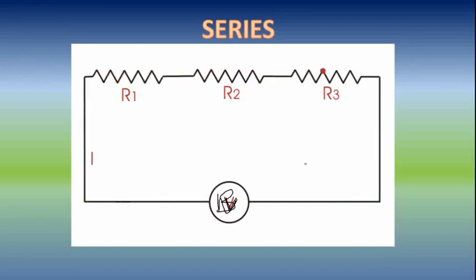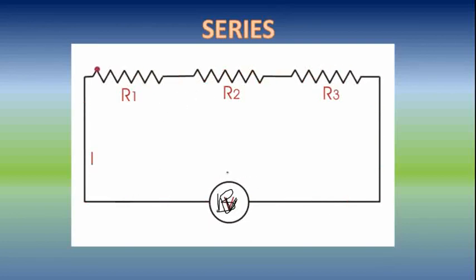When current flows through it, you can observe here that the current is not getting divided by another wire. It is flowing simply straight, but it is getting opposition by R1, R2, R3. So we need to calculate how much is the opposition, that means resistance.